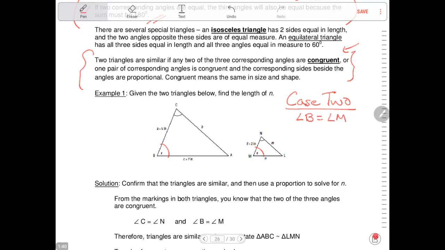Then you have to figure out, are these sides corresponding? Are they kind of equal reduction or enlargement? So if side CB is proportional to side MN, that's your second case, and you would have similar triangles.